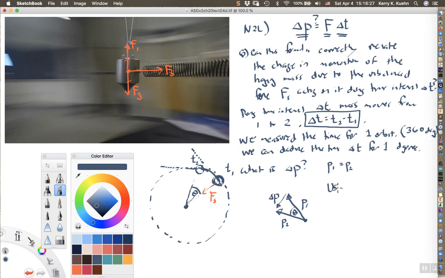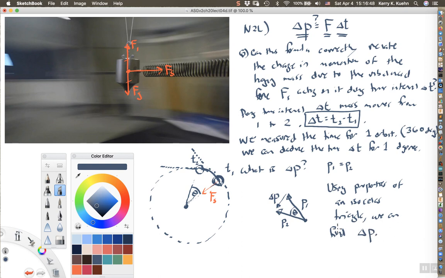So using the properties of an isosceles triangle, we can find the change in momentum delta P.